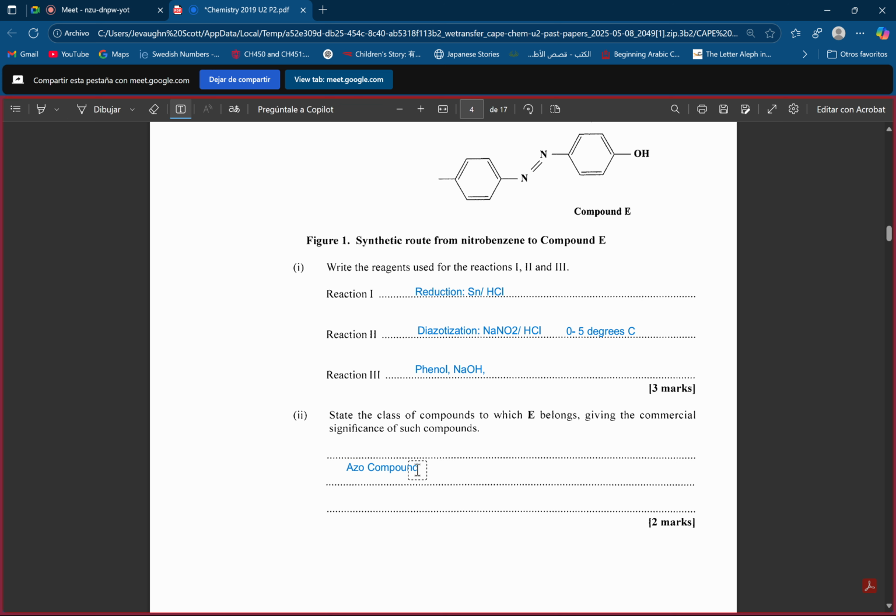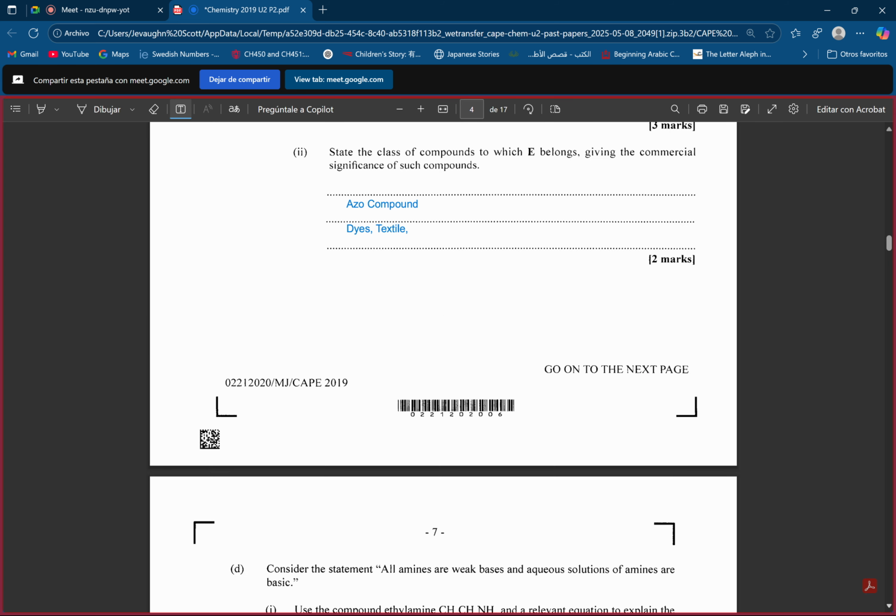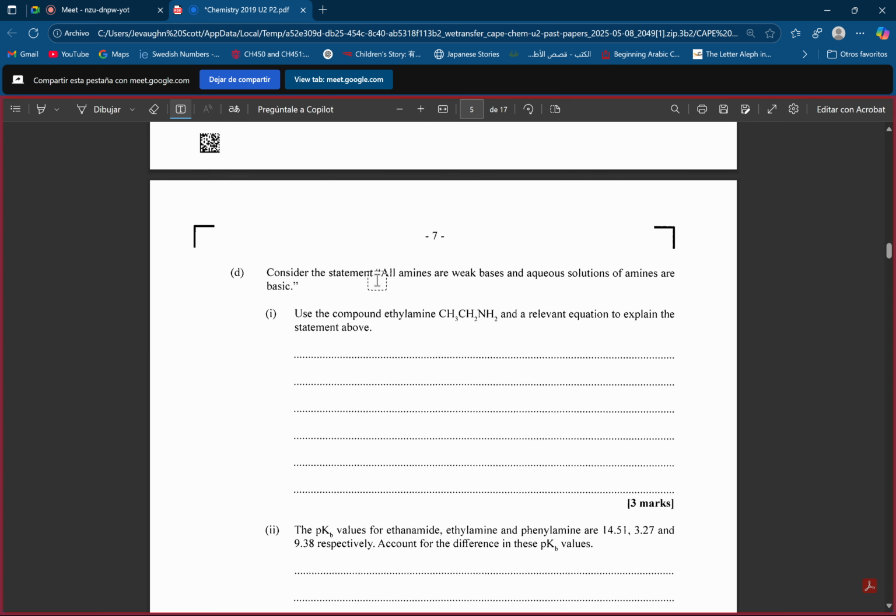What is the commercial significance of azo compounds? Dyes, textiles. It's 2 marks I ask for, but it's usually dyes the syllabus wants us to look at.